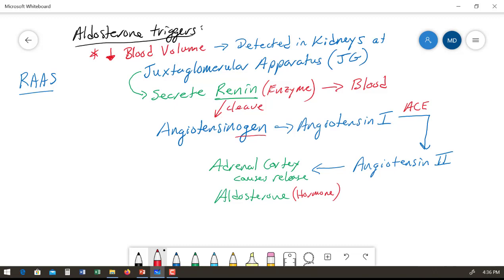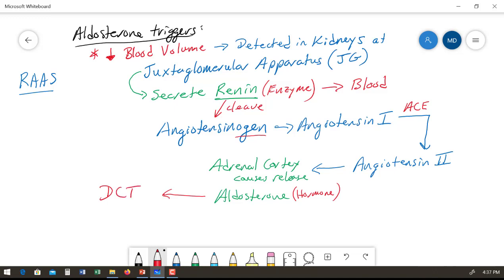Now that we have angiotensin 2 causing the release of aldosterone into the blood, this aldosterone now goes back to the distal convoluted tubule. And let me get my drawing up here.